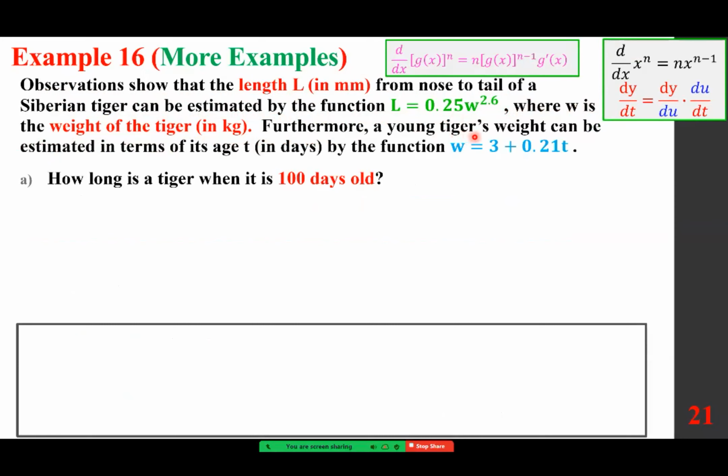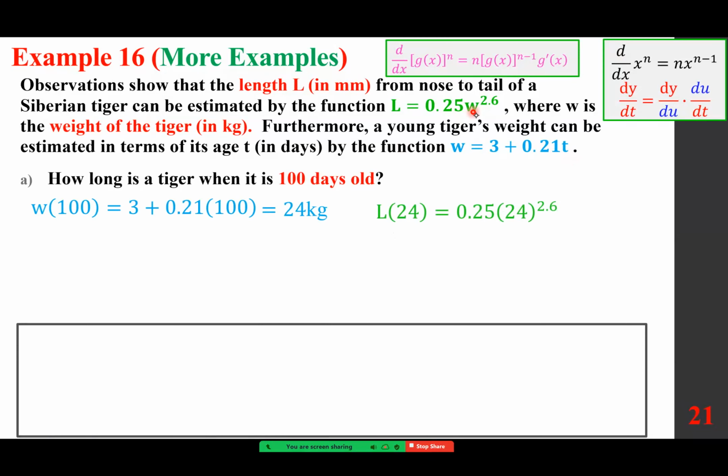Furthermore, a young tiger's weight can be estimated in terms of its age in days by the function W is 3 plus 0.21 T. I hope you remember we've done that. So how long is it after 100 days? When it's 100 days old, if you plug in 100 here, you find the weight, right, everybody? And if you plug in the 24 here, you find the length. This is elementary algebra. You plug it into a calculator and you do the math.